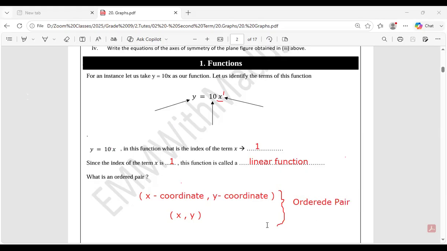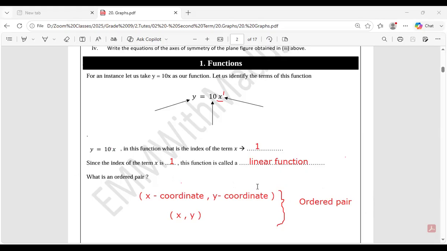You should understand it. Correct? Okay, I capitalize the word ordered pair. Correct? Okay, we are done.